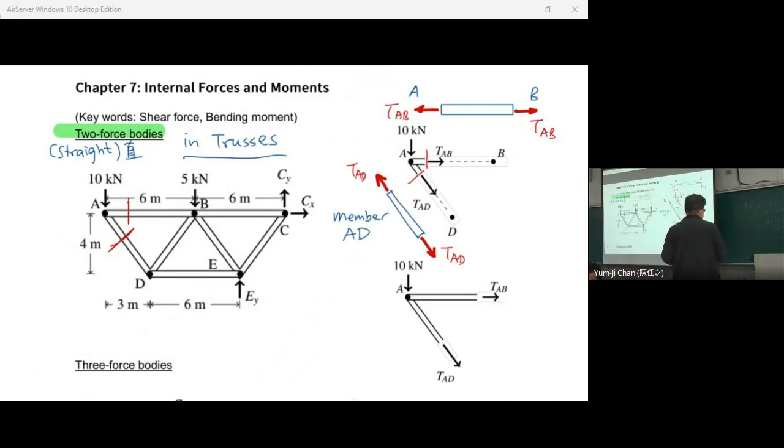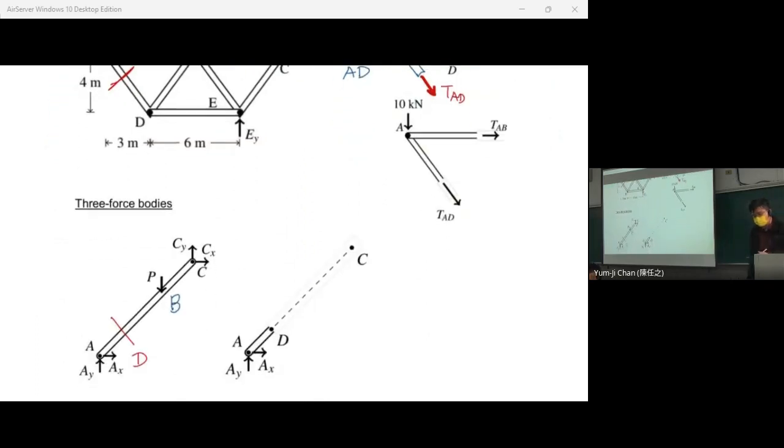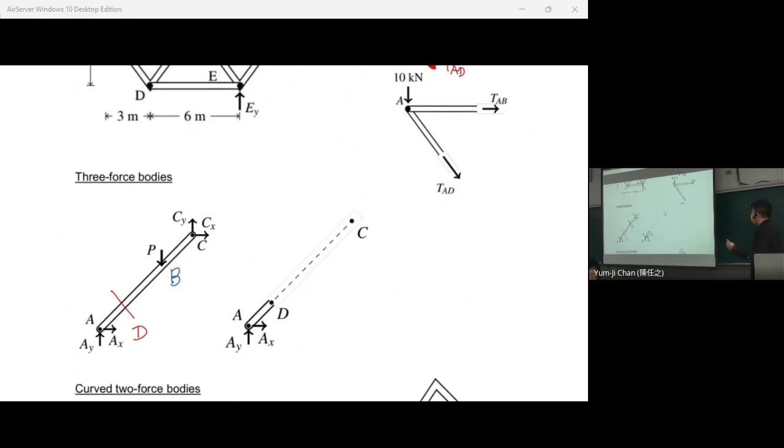Now we go on with the free force body. We apply this method to the free force body, and the free force body here is ABC, and we have AX and AY, we have CX and CY, and we have P. So this is a free force body because all external forces act on 3 points: A, B, and C. Now we want to determine the forces. We use the method at point D. We cut off at point D. Okay. So what happens?